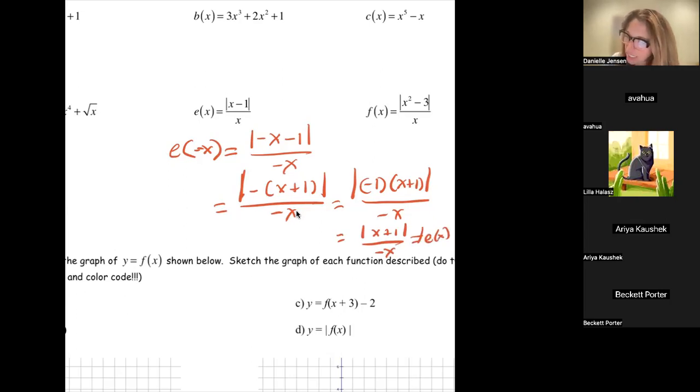So the question is, is it equal to negative e of x? Negative e of x means either I distribute a negative to the top part or to the bottom. If I put a negative in front here, or a negative in the denominator, am I going to get this e of negative x? No, you're not. So it's neither.